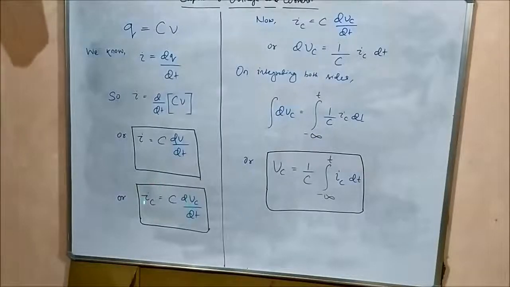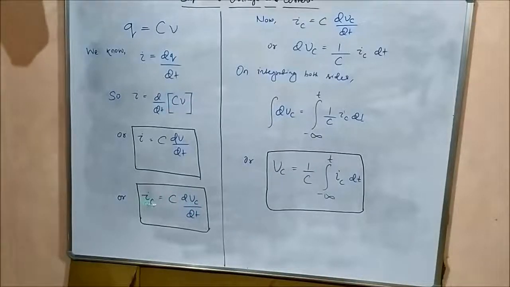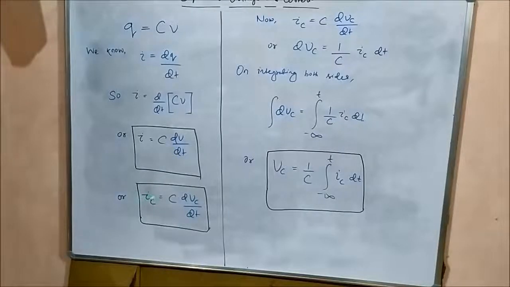In more general terms, we can write it as I subscript C is equal to C into dVc by dt, where Ic is the capacitor current and Vc is the capacitor voltage. This is the expression of capacitor current.